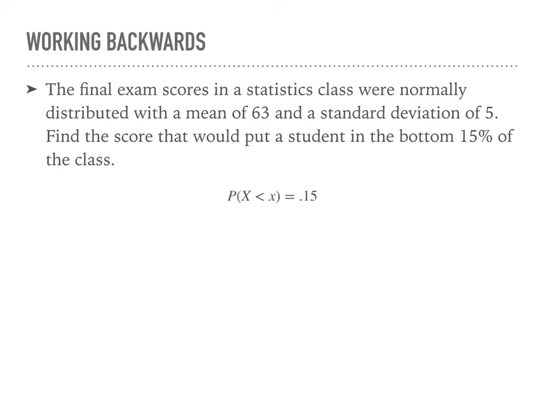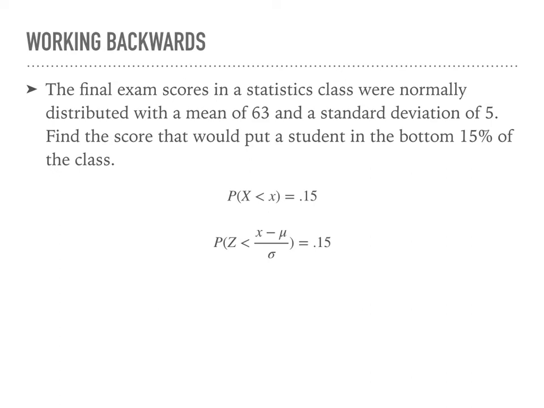So we are looking at the probability that x is less than little x equals 0.15. Well, first let's standardize it. Standardizing, we're going to have the probability that z is less than x minus mu over sigma, which equals 0.15.